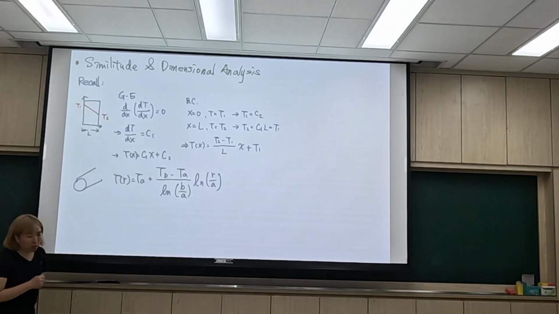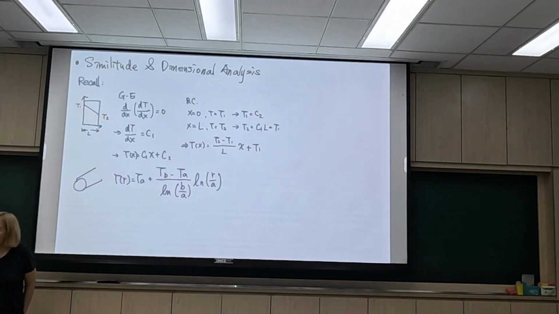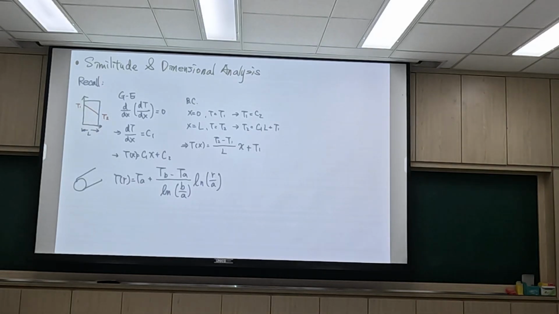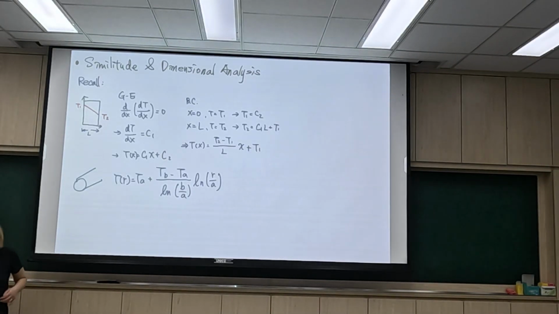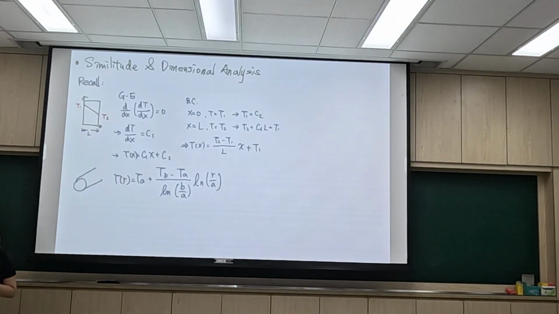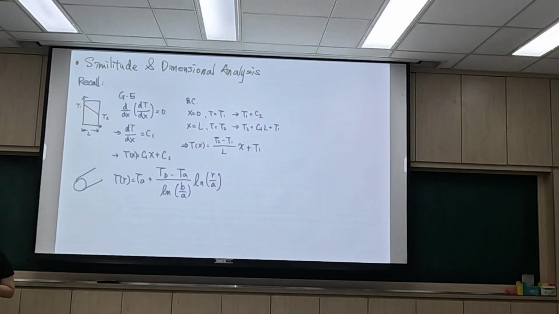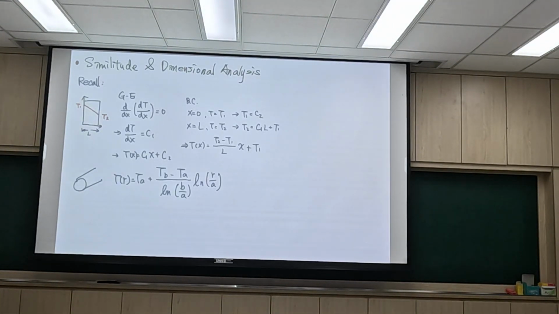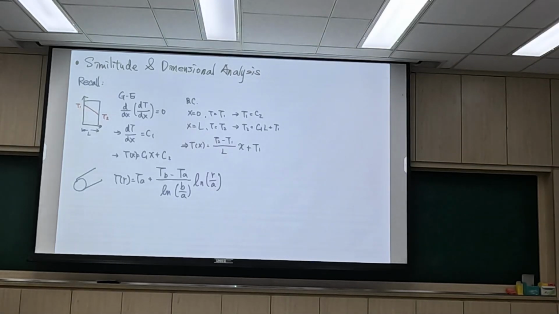As you recall from last week's lecture, not the midterm, when we're dealing with the constant coordinate, we said there's a wall and you have a temperature distribution along the thickness of the wall.